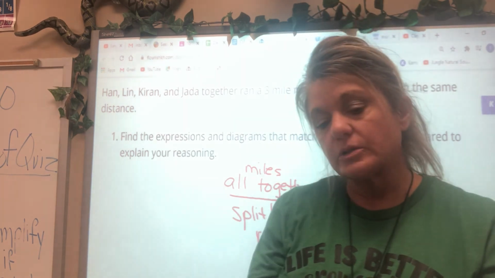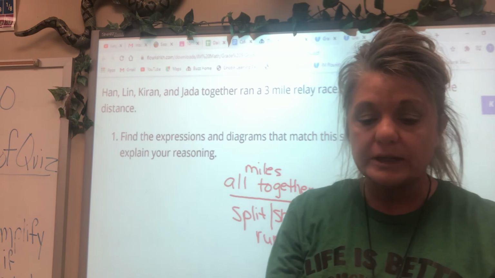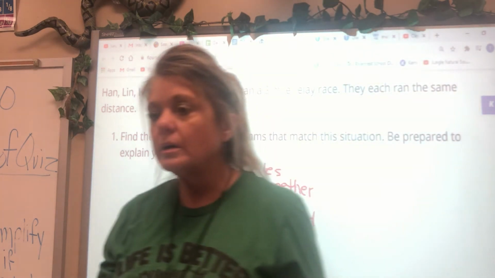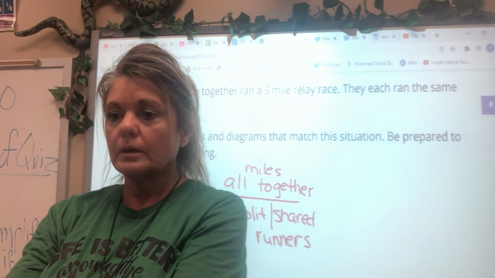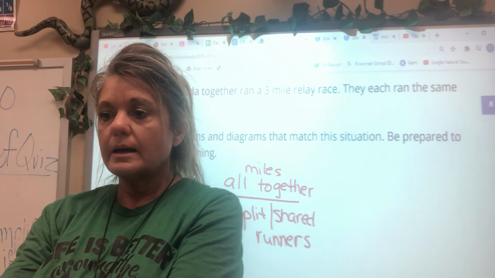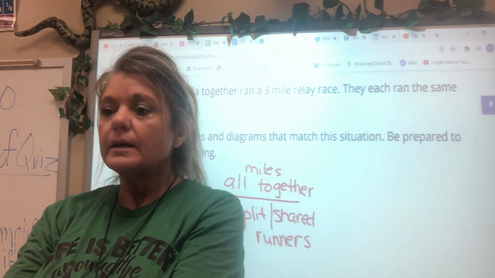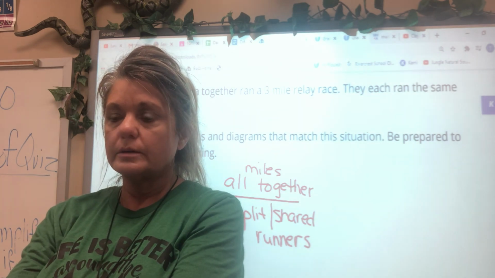So then I started to look at my ones that had an expression written out as the multiplication between a whole number and a fraction. So I looked at this one and I wrote it as 3. I took my 3 and I made it into a fraction by putting 3 over 1.